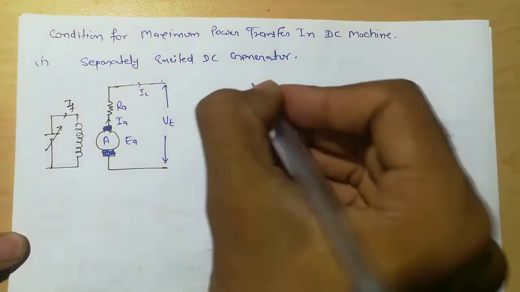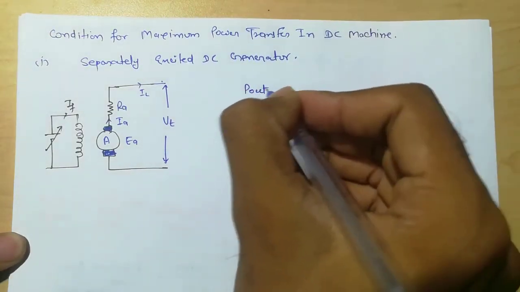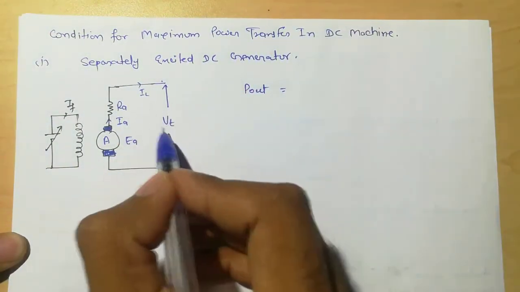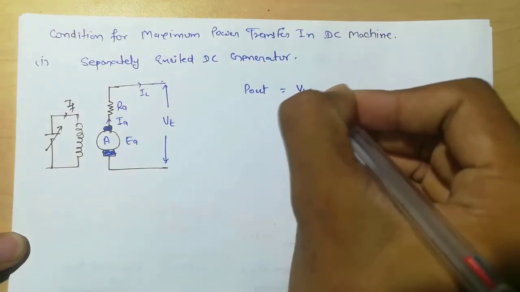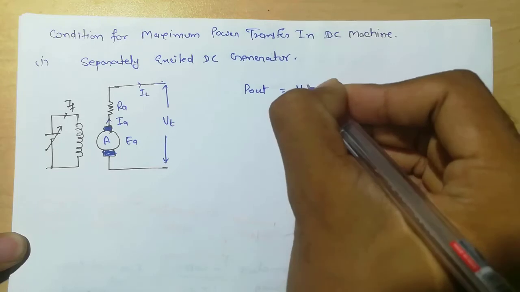Now the output power P is equal to the load terminal voltage times the load current, VT IL.